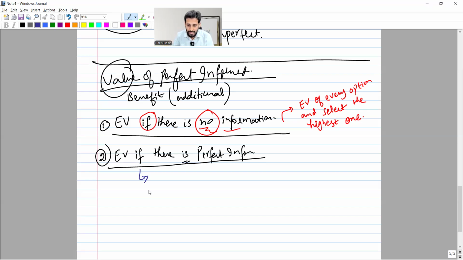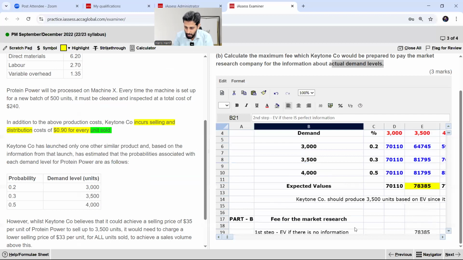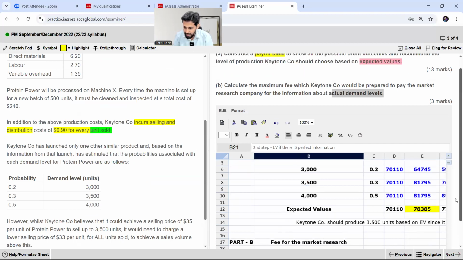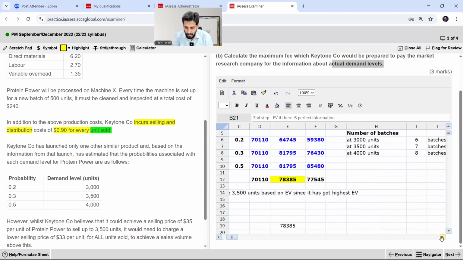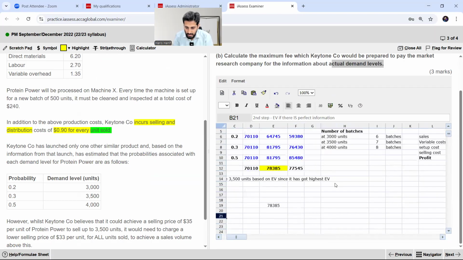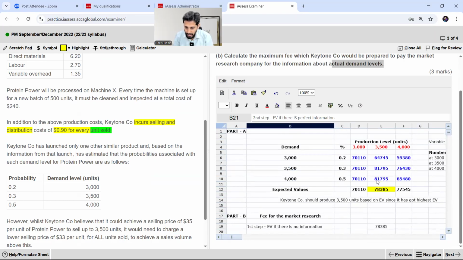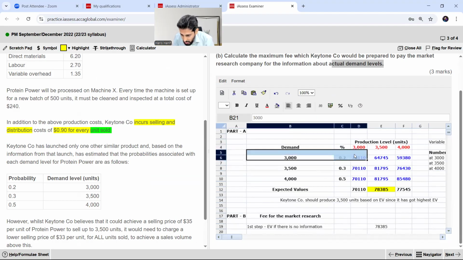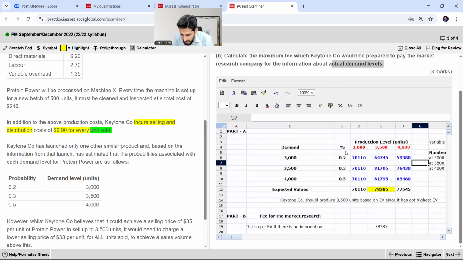See how. Let's go to this payoff table. This is my demand level. If my demand is 3000 units, I will select this option. If my demand is 3500 units, I will select this option.